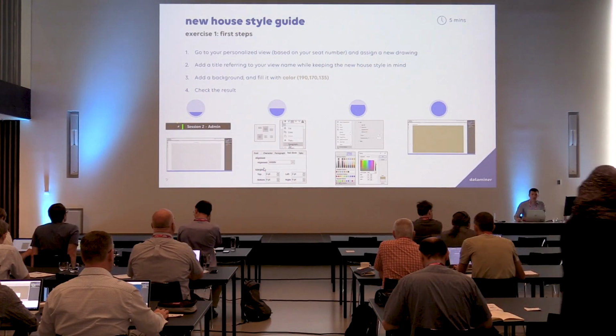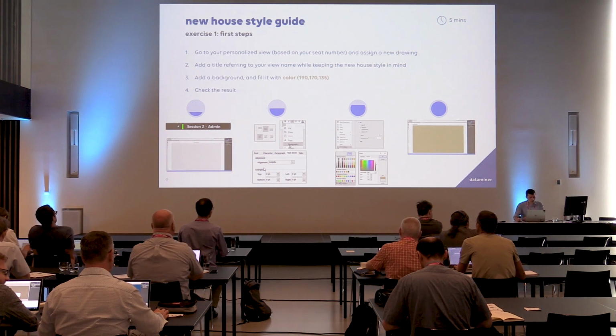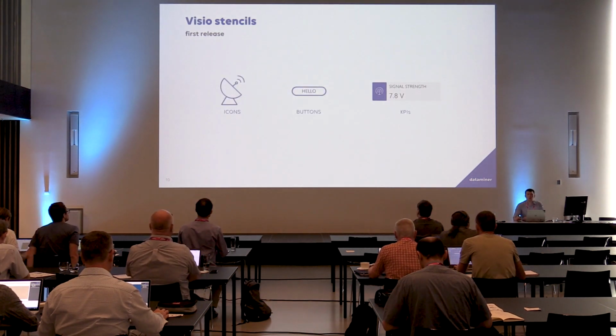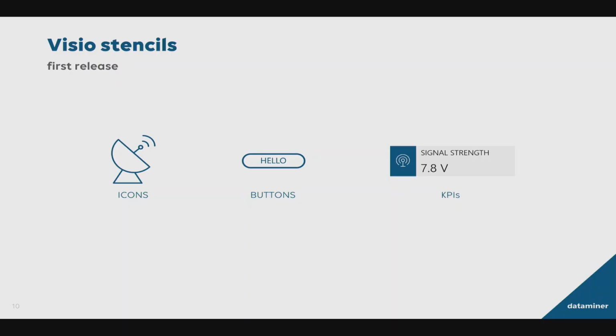Okay, so let us continue with some other theory. Maybe the most important part of this presentation is the stencils. You can see one stencil as a library of master shapes. These master shapes are just templates that are pre-designed and pre-configured.